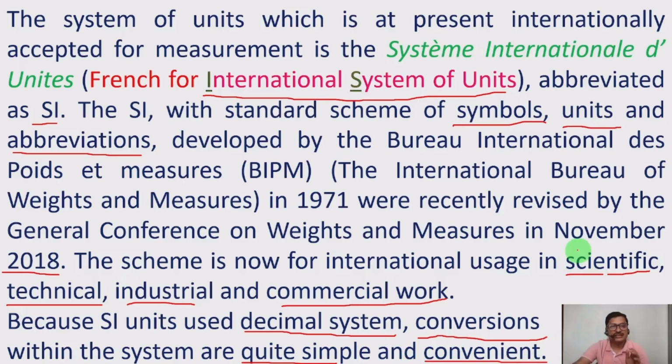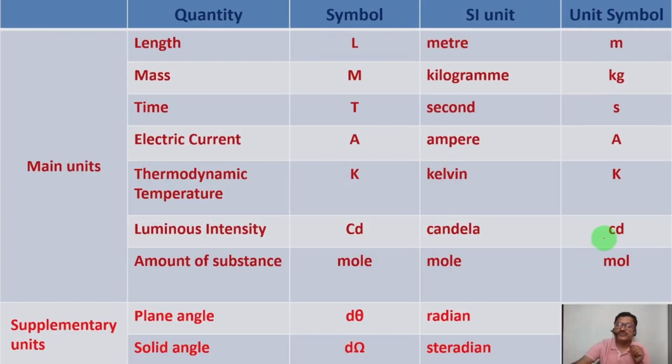Presently, the SI system, the international system of units, is used for measurement. Here, as I am mentioning, the fundamental units and the base units are for the seven fundamental physical quantities.